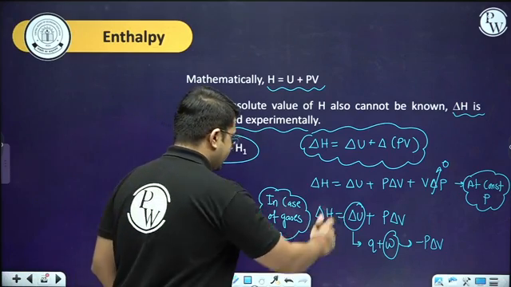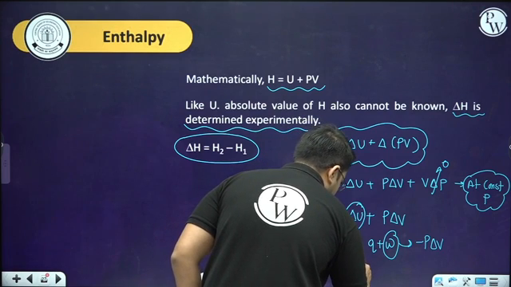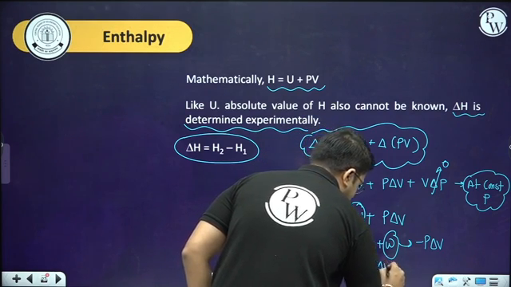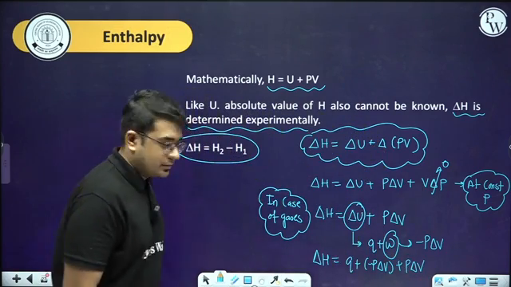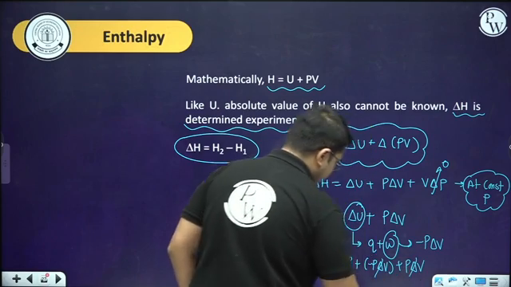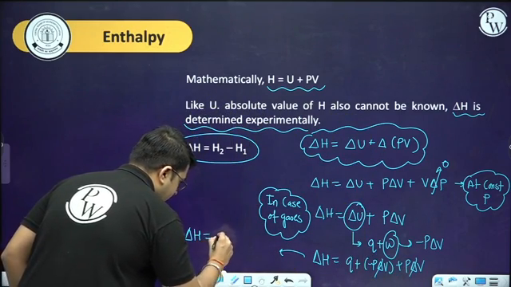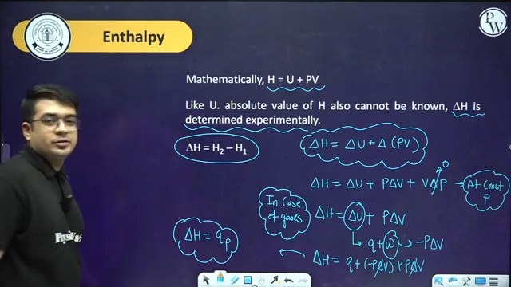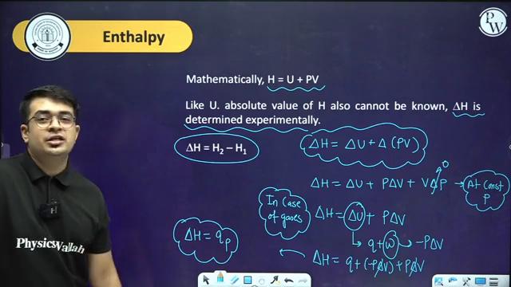So delta H will be equal to Q plus minus P delta V plus P delta V. This entire part is going to cancel out, and you can say delta H will be Q at constant pressure. So whatever heat is changing at constant pressure is basically the change in enthalpy.